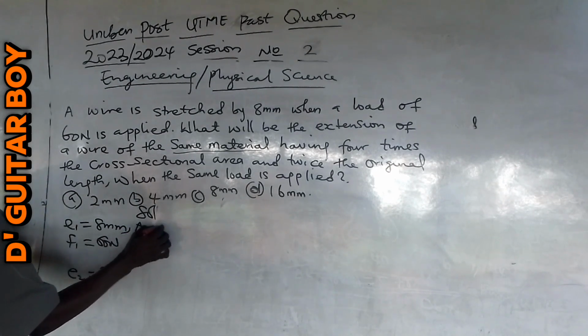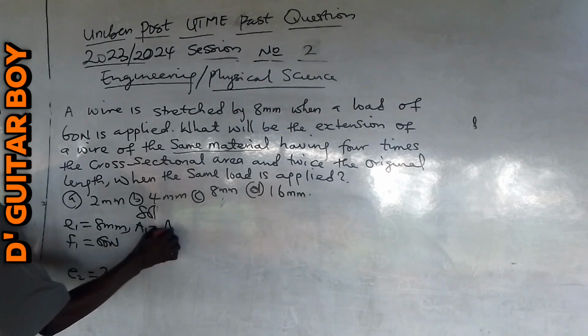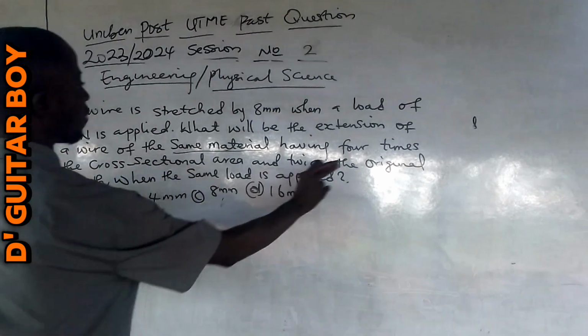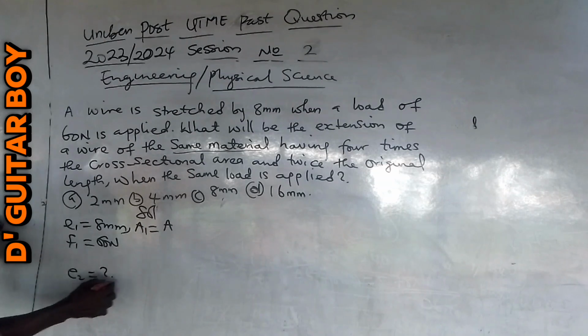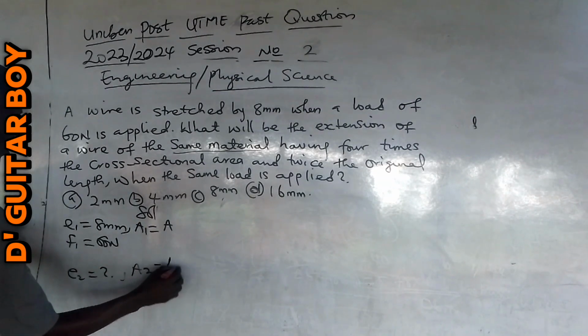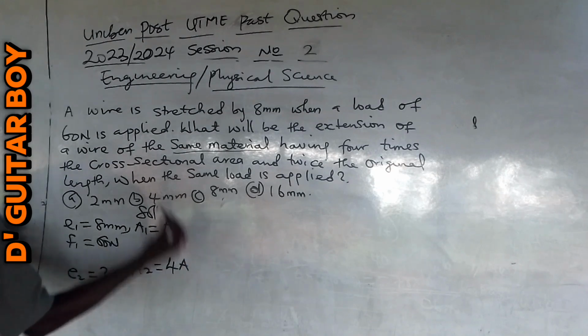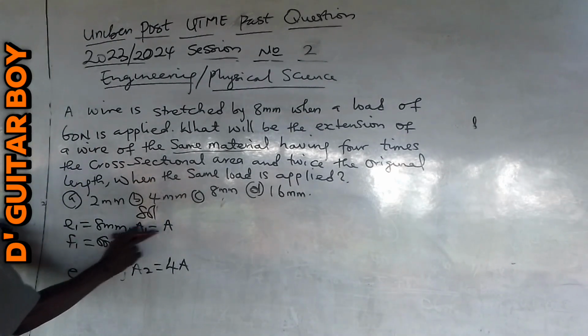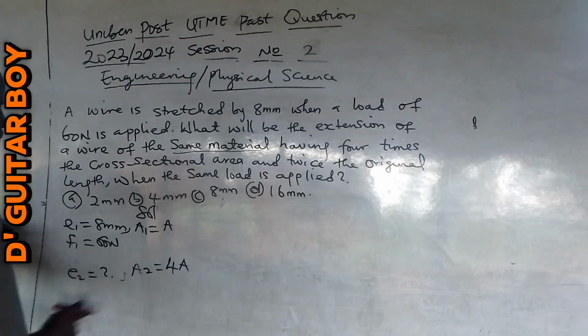If we call A1, let's say A1 is A, they said having 4 times the cross-sectional area, then A2 will be what? 4A, because they say 4 times that of the former one. So if A1 is A, A2 will be 4A.